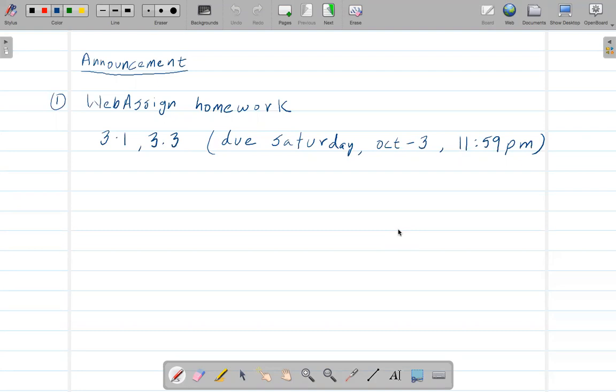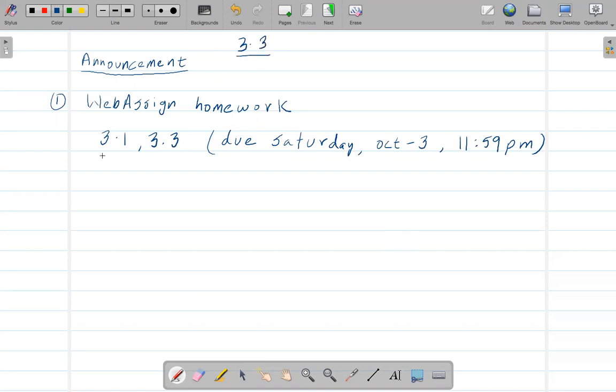Again, before I start the lecture, I just want to remind you about the exam and the homework we've assigned. For this week, this is section 3.3.